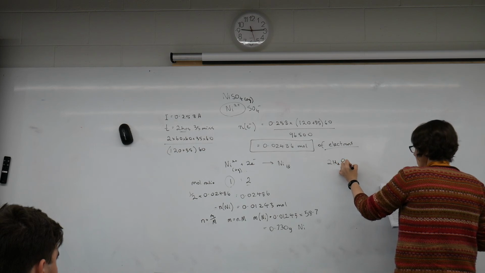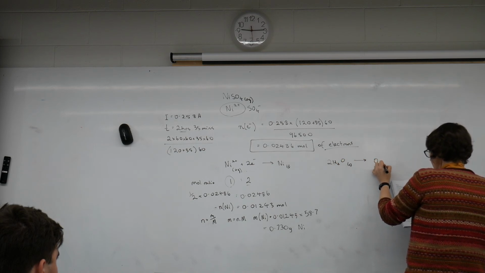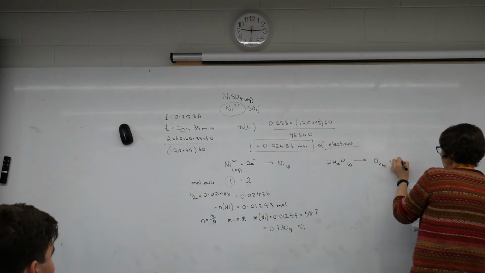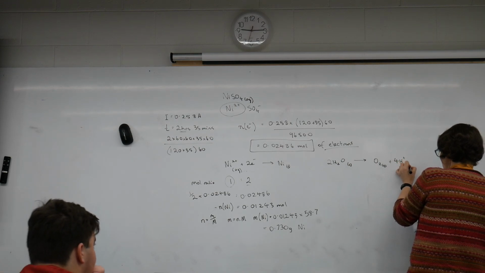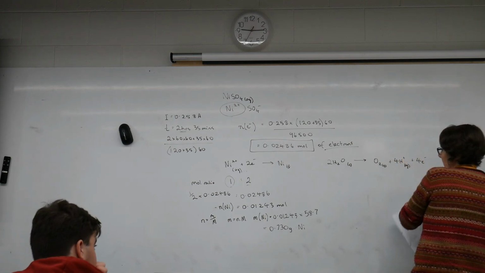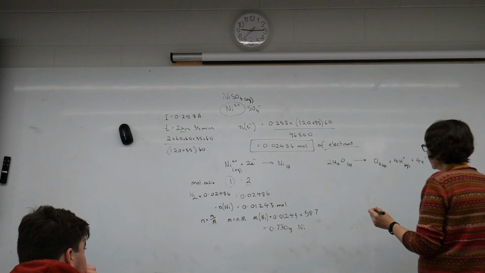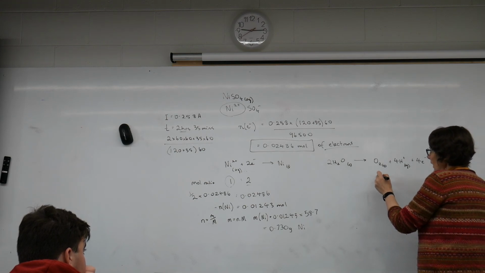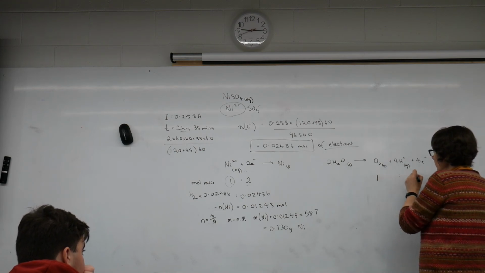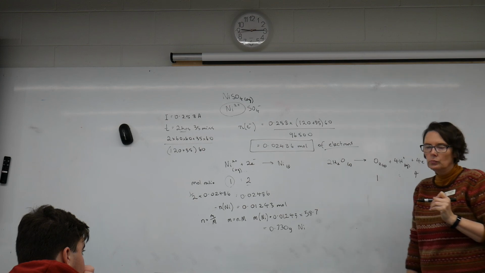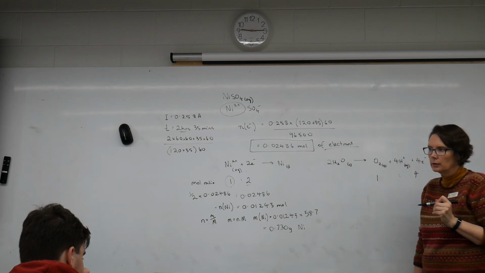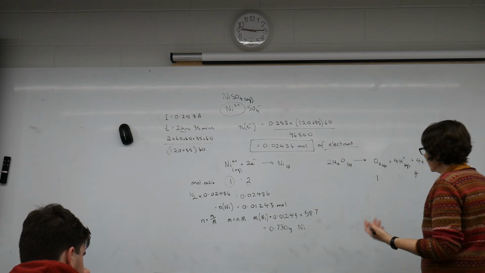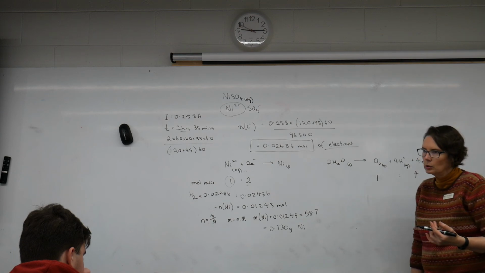2H2O goes to O2 gas, 4H+, and 4 electrons. Back to our mole ratio again. We have a ratio of 1 to 4 oxygen molecules to electrons. So what does that tell me then about how many moles of oxygen?